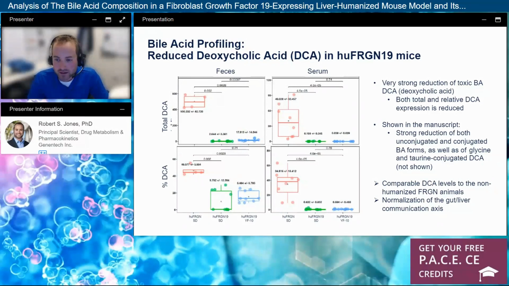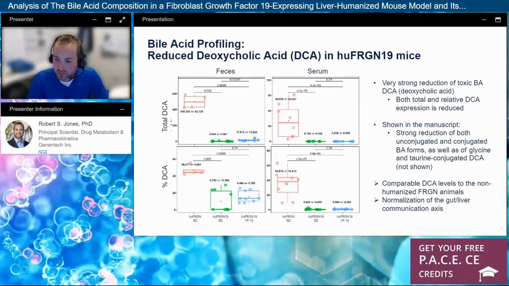And this is actually a very interesting finding. As I mentioned, the strong reduction of this toxic bile acid is actually really relevant, given that this has been a major hurdle for humanized chimeric liver mice models in the past, given that the human hepatocytes are not necessarily the healthiest. And this could actually introduce experimental artifacts when interpreting drug metabolism or specific drug-drug interactions.